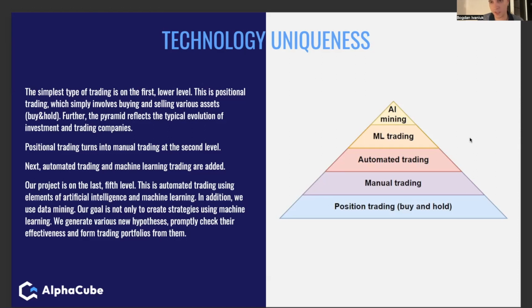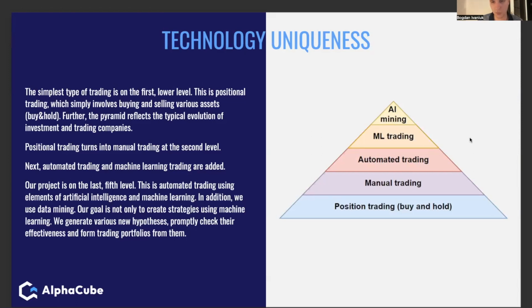We're not only optimizing strategies or portfolios, but generating new ideas, new scenarios, new strategies, based on brute force, using genetic algorithms, using gradient boosting technique, and also generating strategies based on labeling.